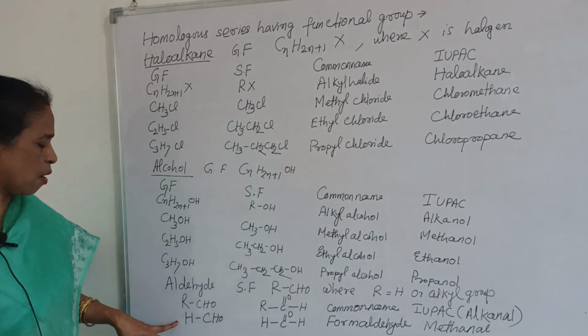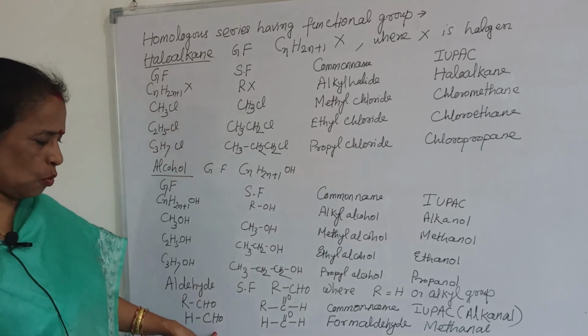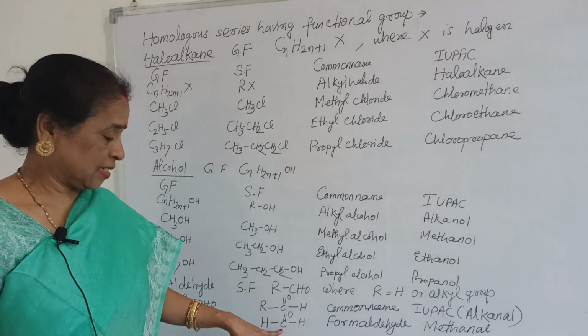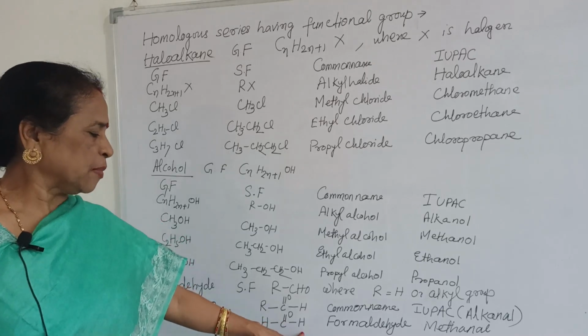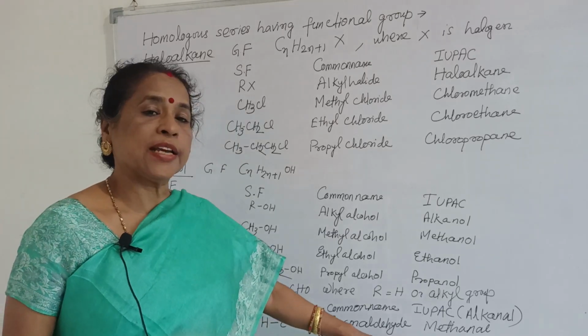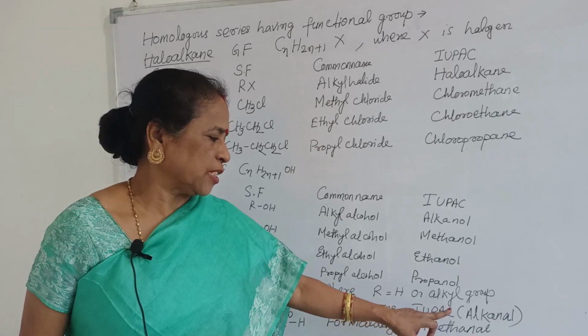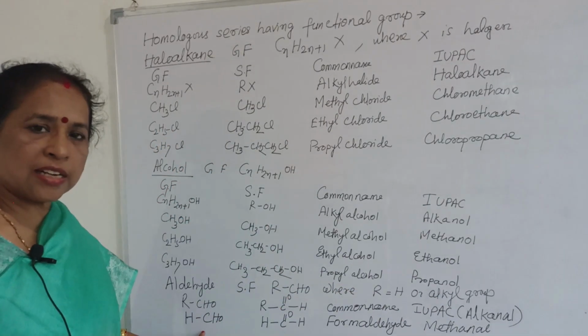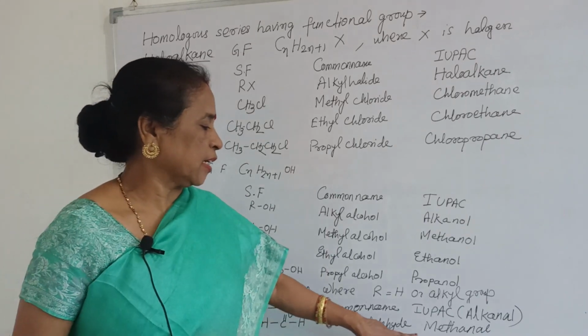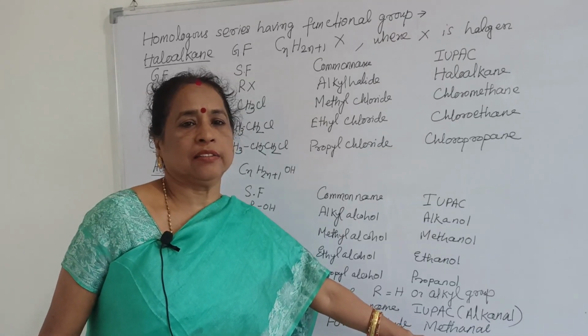The first compound HCHO, H C double bond O H, that means it is known as formaldehyde. According to IUPAC name, it is alkanal. Since it contains 1 carbon, that is why it is known as methanal.